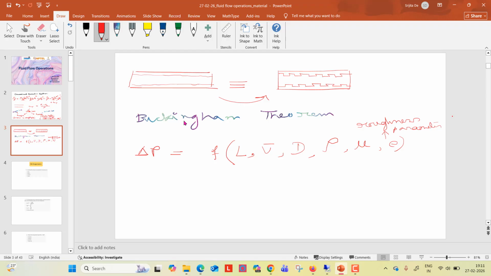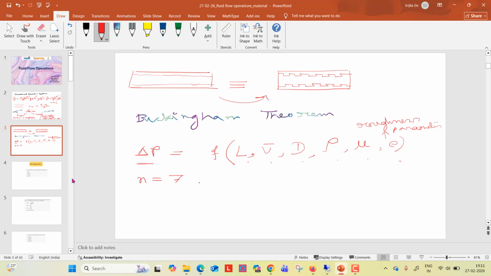Next, in Buckingham Pi theorem, how will we decide what number of dimensionless groups we will create? Here, if you can see, there are 1, 2, 3, 4, 5, 6, sorry, 7 variables including this delta P. So the total number of variables is 7, right?